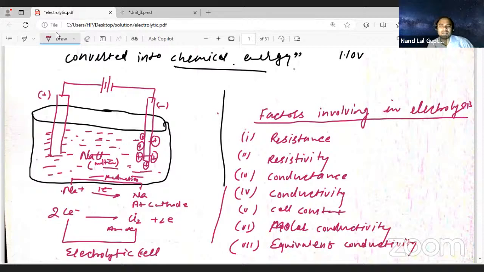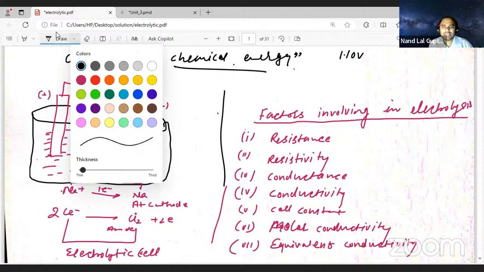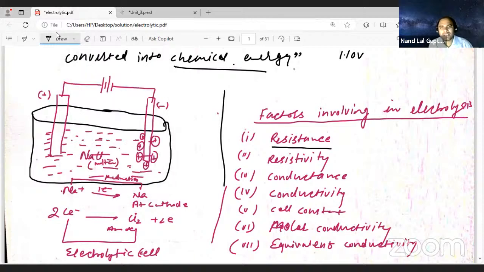Resistance is represented by capital R. Resistivity, which means specific resistance, is represented by rho. Conductance is represented by G. Conductivity is represented by K. Cell constant is represented by G star. Molar conductivity is lambda M. Equivalent conductivity is lambda EQ. So these are a total of seven.